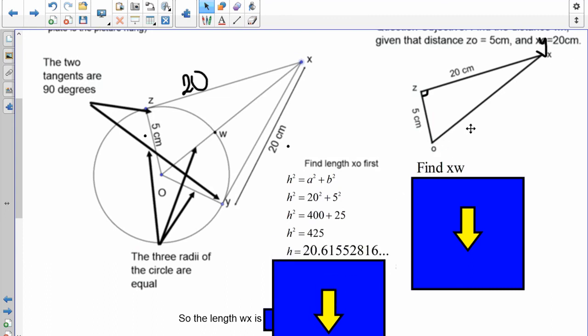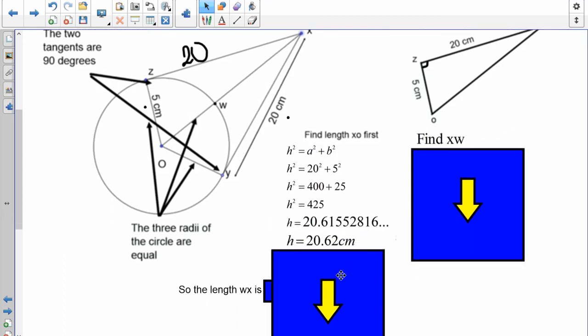So this is 20.61552816 ... going on. Now that means we got to round this off because we can't use all these numbers. So I'm going to round it off to the nearest hundredth, and since the 5 is 5 or greater, that causes the 1 to go up. So now I've got h is equal to 20.62. And to show somebody that this is an estimation, you put a dot over it. Okay, you can also put a tilde over there, but the dot works just fine.